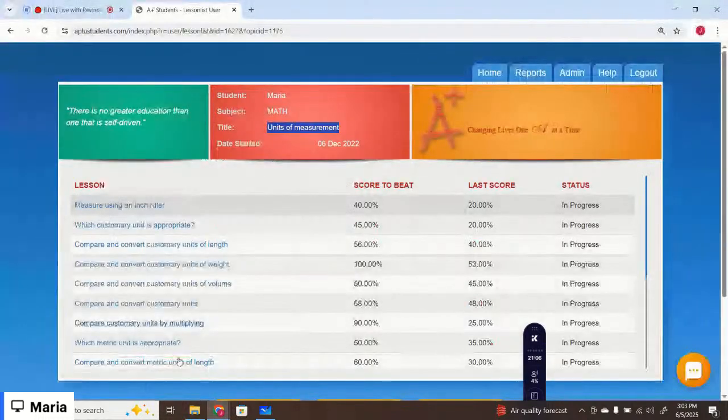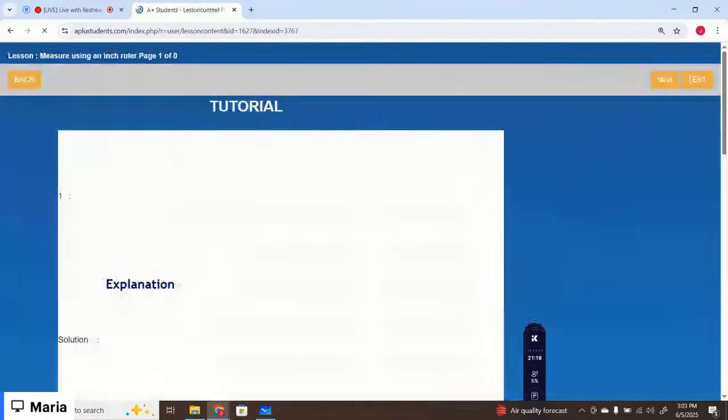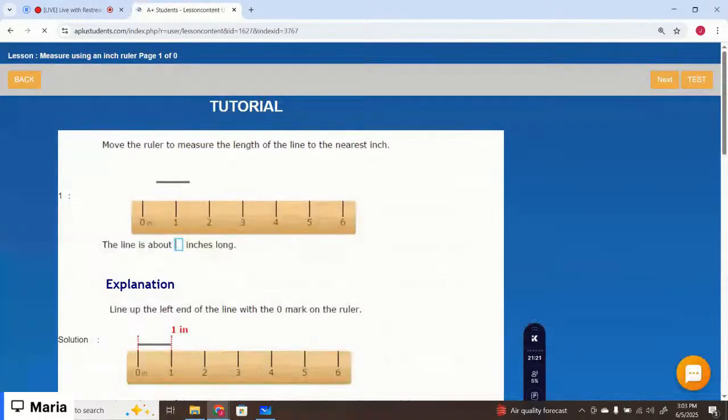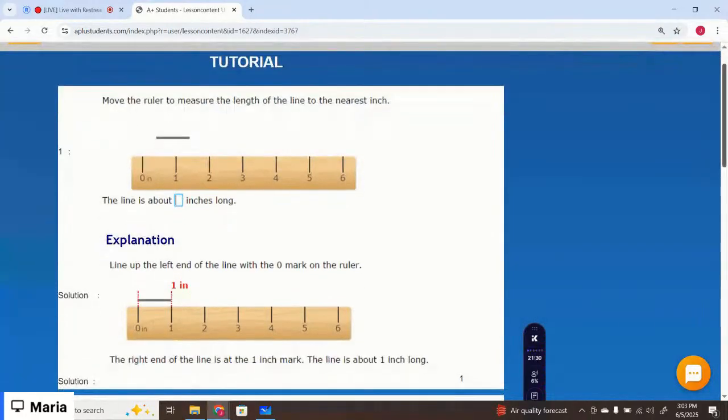Here I'm on grade 4 math. The chapter we're on right now is unit of measurement. Let's start with the lesson that is measure using inch ruler. Move the ruler to measure the length of the line to the nearest inch. So you need to measure the line using the ruler. How do we measure?